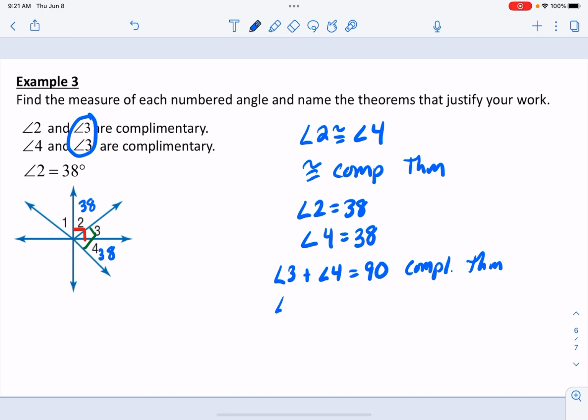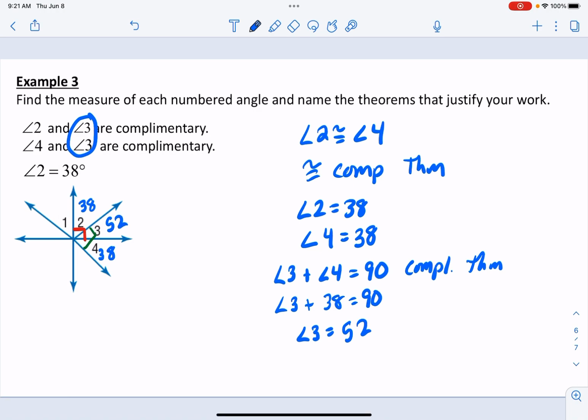Well, we just said angle 3 plus 38 is equal to 90. So angle 3, when I subtract, I get 52. Okay, so I have a 52 in here.